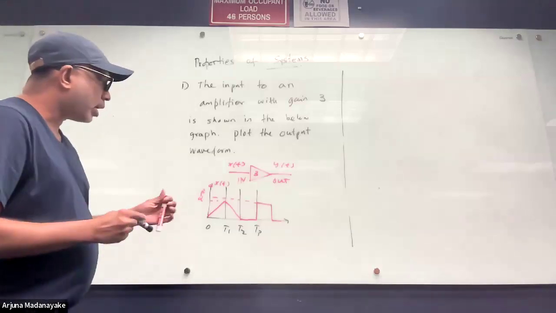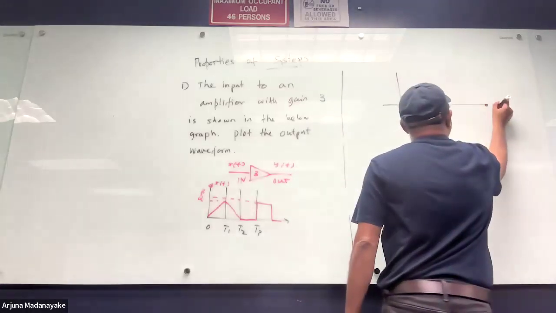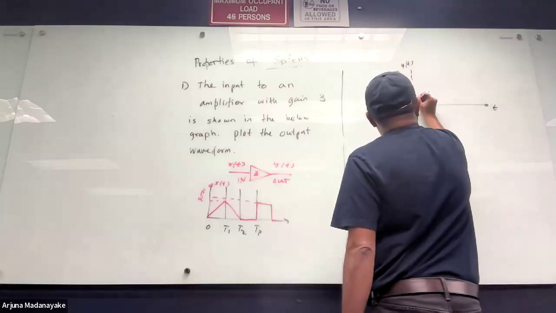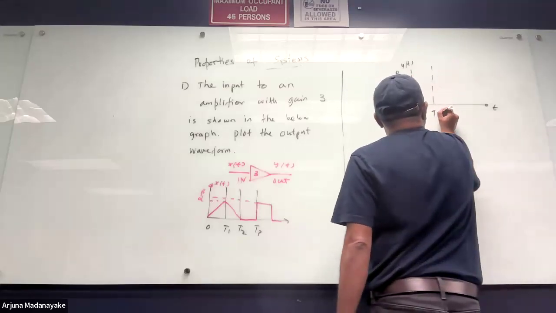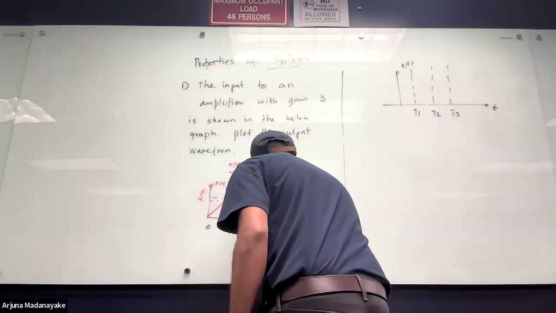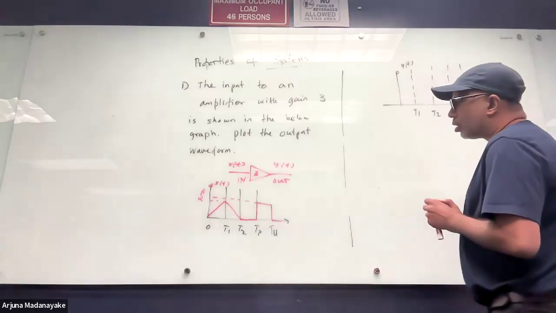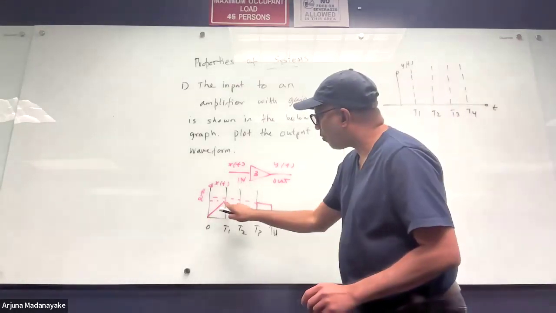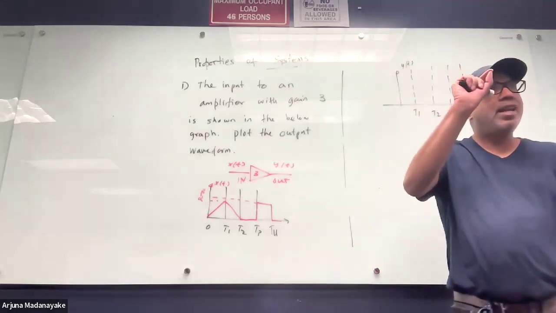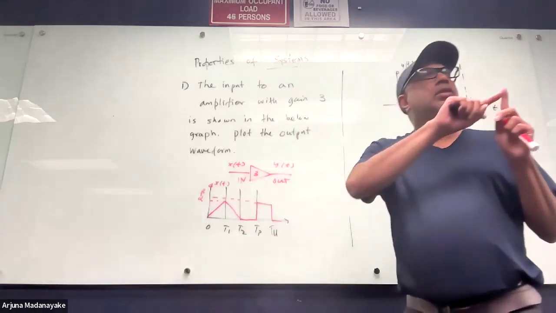So I can draw the output against time. So this is my y of t. I still have my time values t1, t2, 3, 4. So originally it started from 0 and went up to alpha. But now that whole section is scaled by the gain 3, right? So instead of alpha, it's going to go up to 3 alpha.